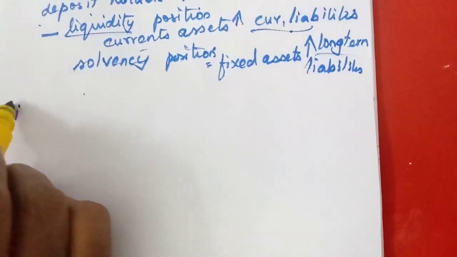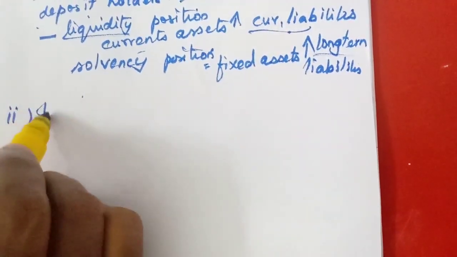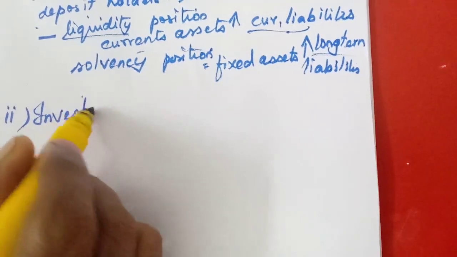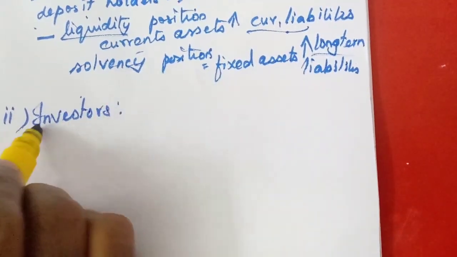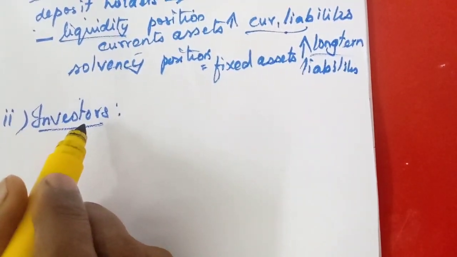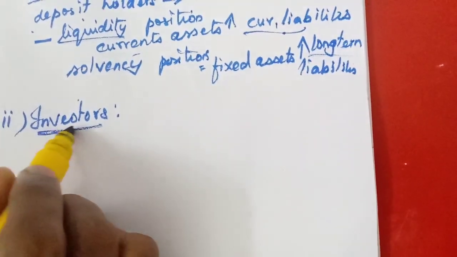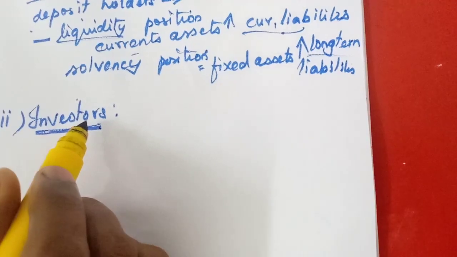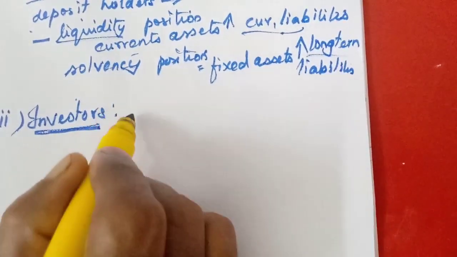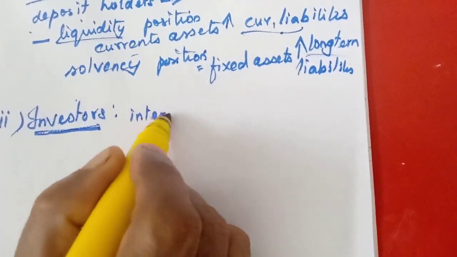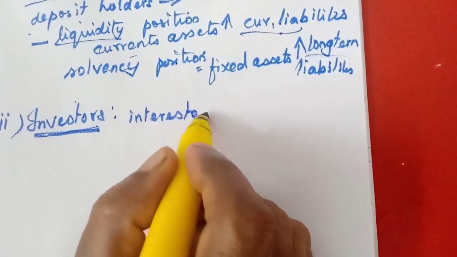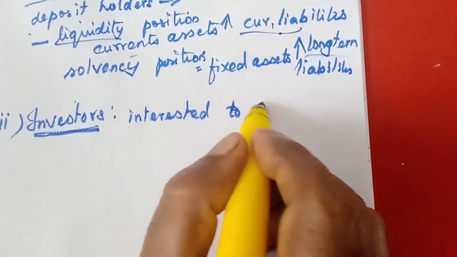The second one, investors. Here we cannot say that the person who has invested money is inside the organization, that is the owner. Especially here, those who are interested to invest, the future investors.